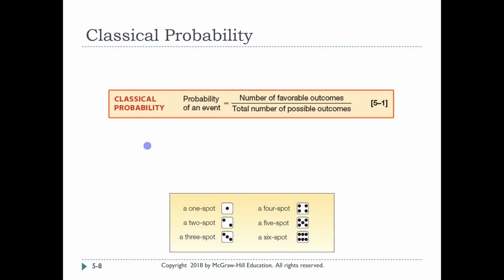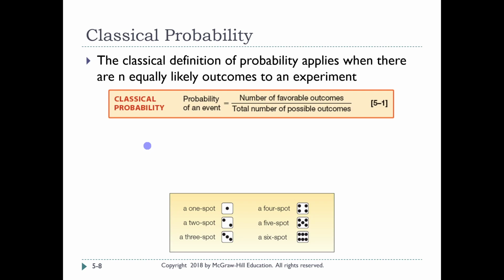We've already talked about some classical probabilities here, where we know, based on mathematical theory, what the underlying probabilities would be. We can simply calculate it as the number of favorable outcomes, outcomes that would count as being part of the event, divided by the total number of outcomes.